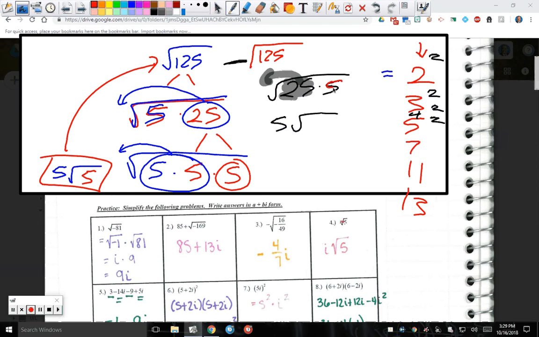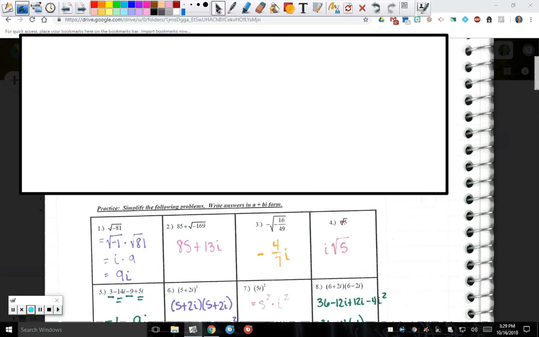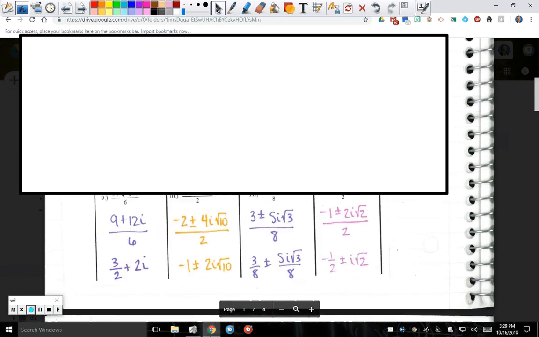And this one that didn't make it as a couple stays in all by itself. It's a lot less work, I guarantee you, if you have that approach. But you have to know what you're dividing it by. Now let's work on simplifying these radicals with imaginary roots. Here we go.